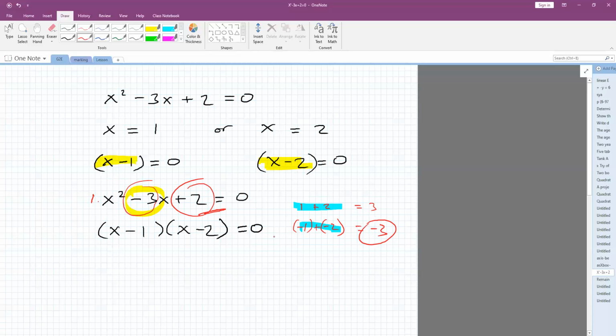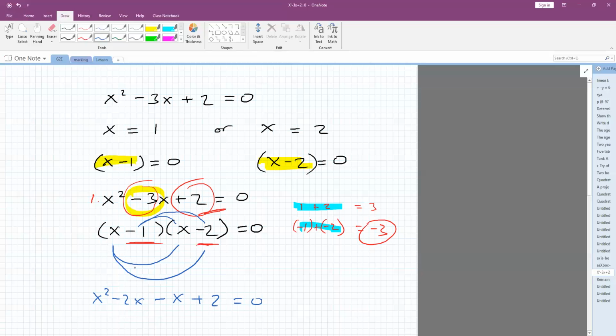So in this case, these are the numbers that you want to have here, minus 1 and minus 2, because look, when you have x minus 1 times x minus 2 and you expand by multiplying them, you get x squared minus 2x, and then this times that gives you the same thing, which is x squared minus 3x plus 2.